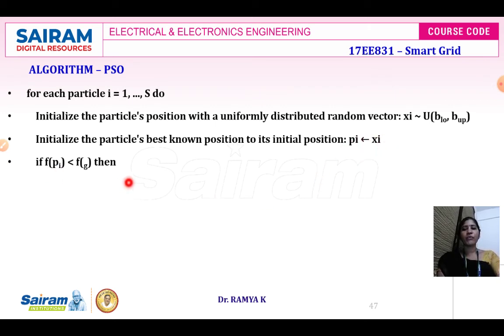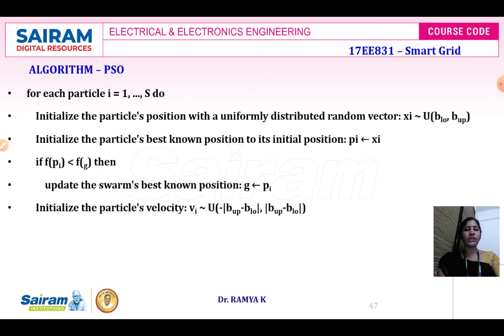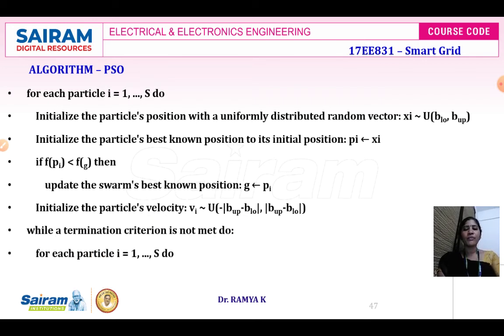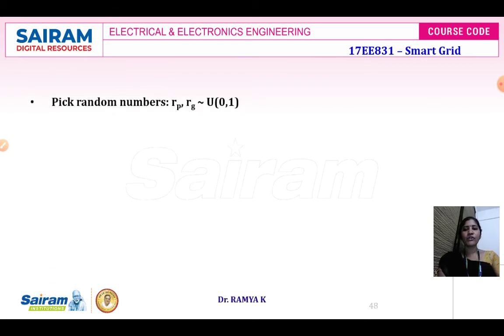If f(pi) is less than f(g), then it updates the new swarm position, and the velocity will also be updated. So this is the general algorithm explained by means of the flow chart.